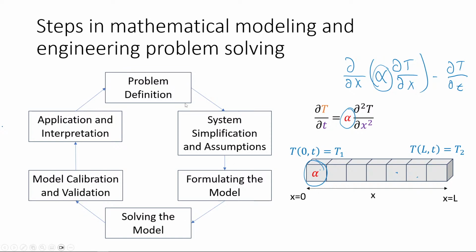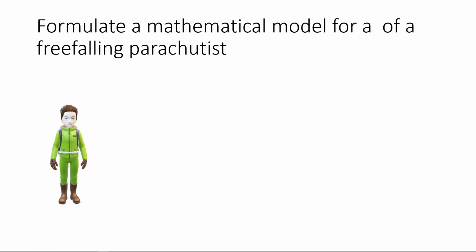Okay, so let's apply what we just learned to a simple engineering problem, which is to formulate a mathematical model for a free falling parachute. So you have this guy falling with a parachute, and you can formulate an equation either before or after he opens the parachute.